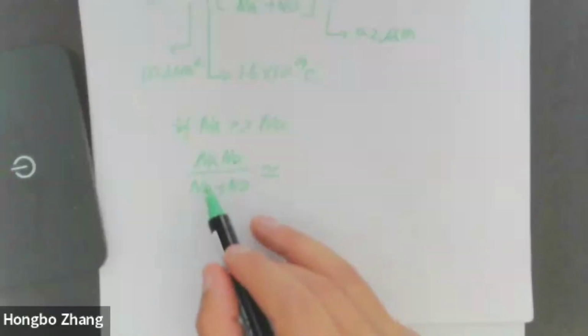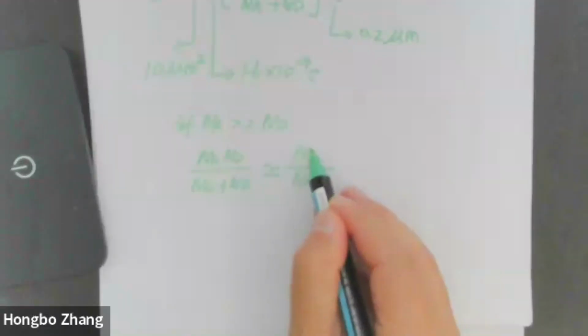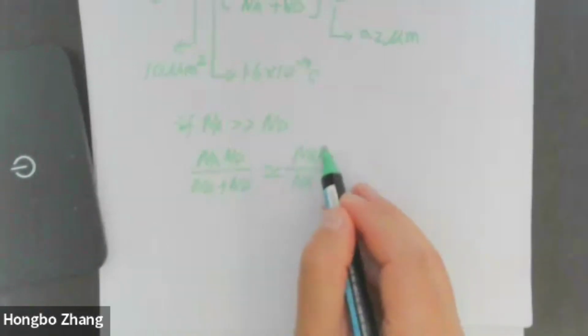Could you slide up the page a little bit? Great. See that? Yes, perfect. So when NA is far larger than ND, this equation becomes what? On the denominator it becomes just NA. The numerator is still NA times ND, right?